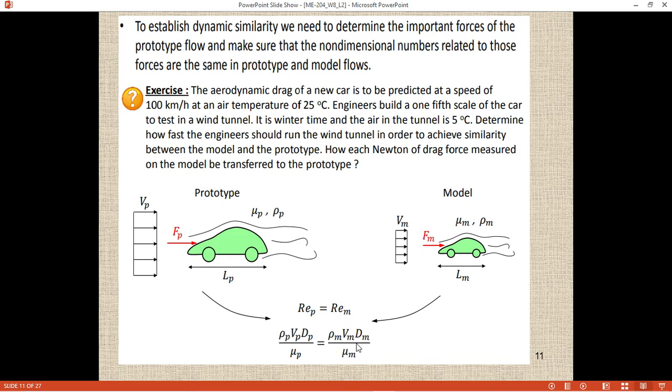We can separate the ratio because the length ratio is given as 1:5. If the length ratio is known, we can determine the velocity ratio. If the velocity ratio is known, you can easily determine the dynamic ratio, which we have discussed previously.